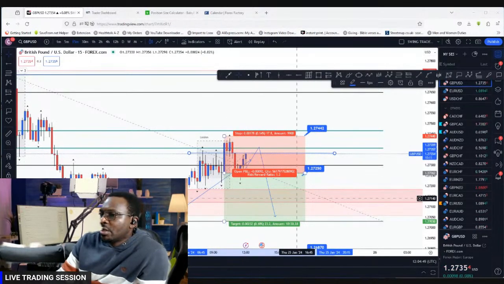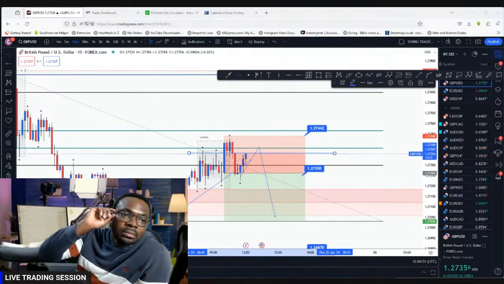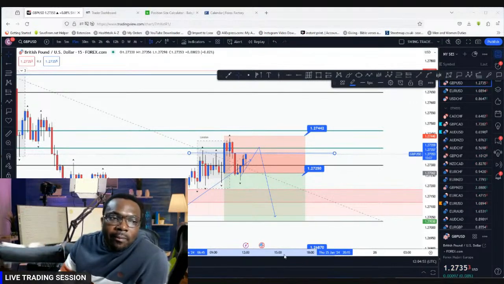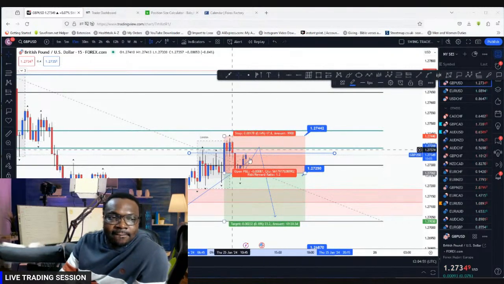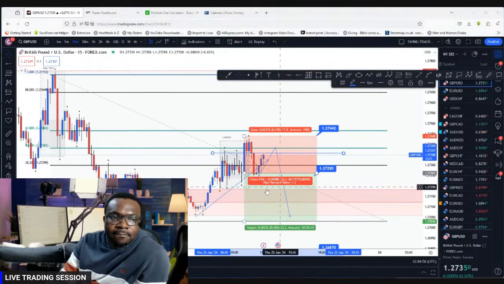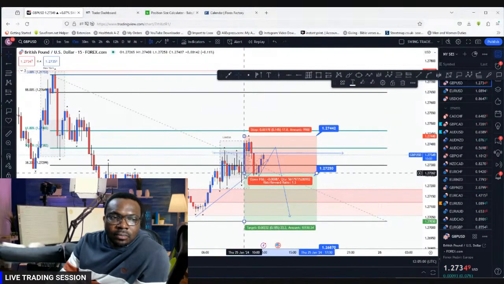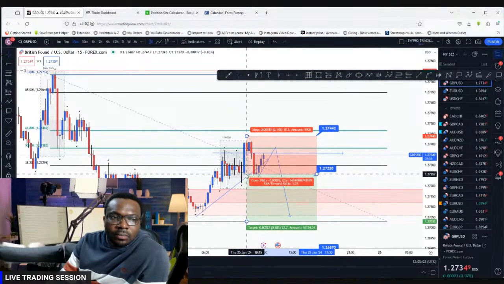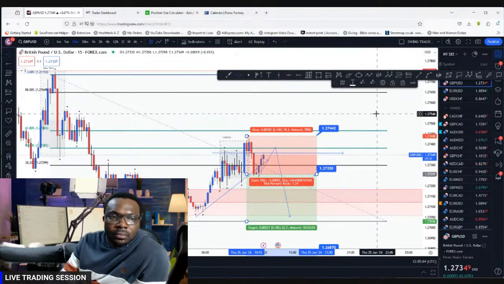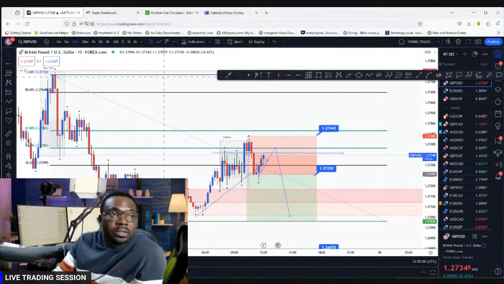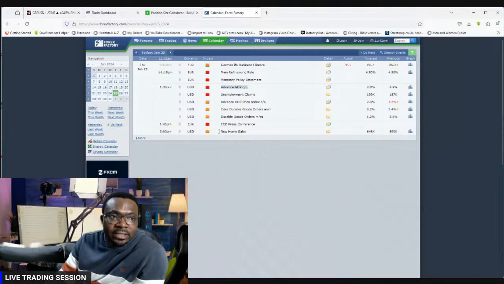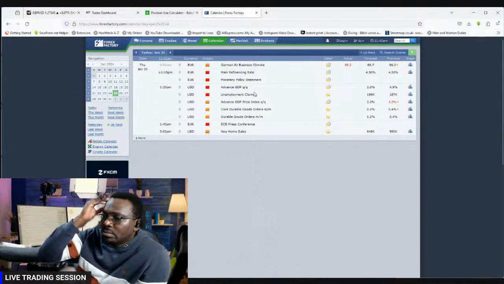It's still going to push up. I can see that already. Because of the news, it's going to misbehave like this. It normally does that.